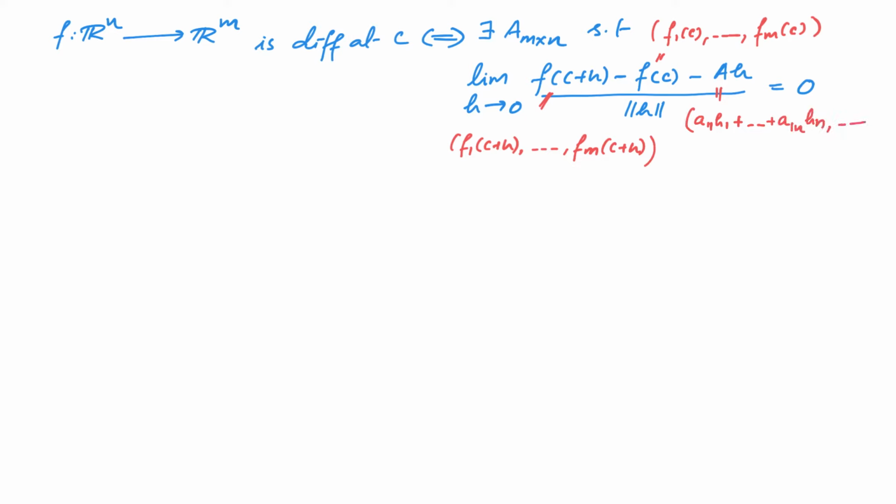This will be the first term. In general, the ith term will have the form ai1 h1 plus ai2 h2 plus etc. up to ain hn.